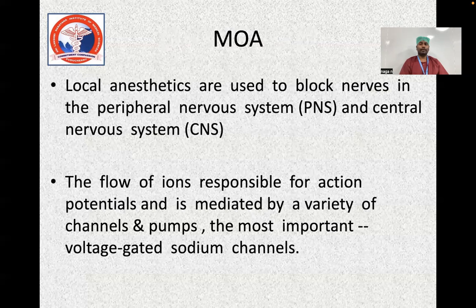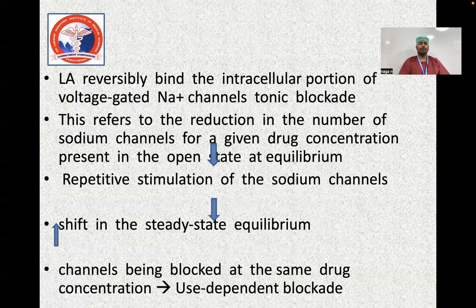This is the most important aspect: how these drugs work, the mechanism of action. Local anesthetics are used to block nerves in the peripheral and central nervous system. The flow of ions responsible for action potentials is mediated by a variety of channels and pumps, most importantly voltage-gated sodium channels. Local anesthetics bind to the intracellular portion of voltage-gated sodium channels in a tonic blockade.